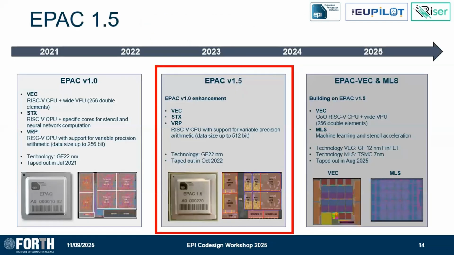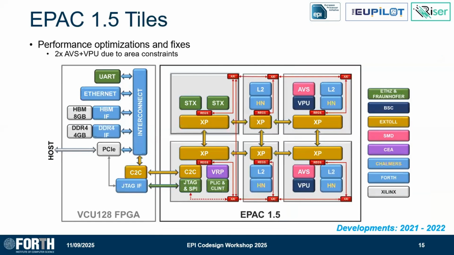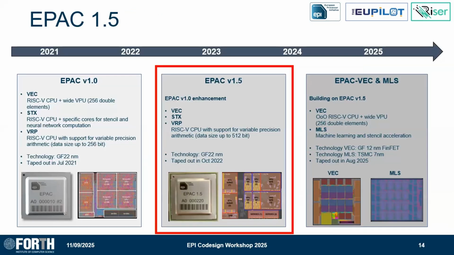And then we went to EPAC 1.5. It happened quite soon after the first bring-up of the EPAC 1.0. EPAC version 1 has been enhanced with lots of things. A year later, we go to a second tape-out, and there have been several enhancements, performance improvements, and fixes, of course, in the core.